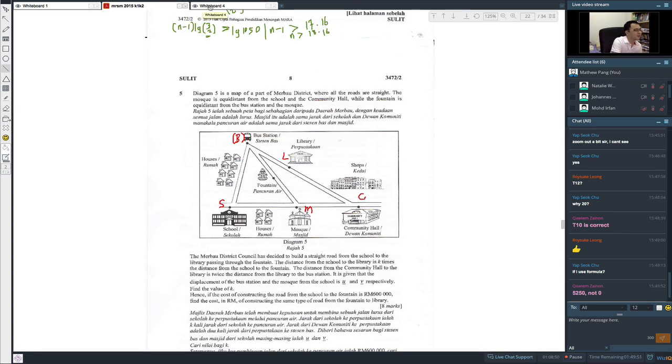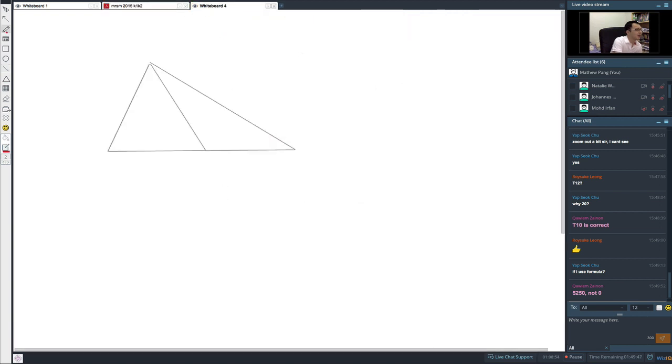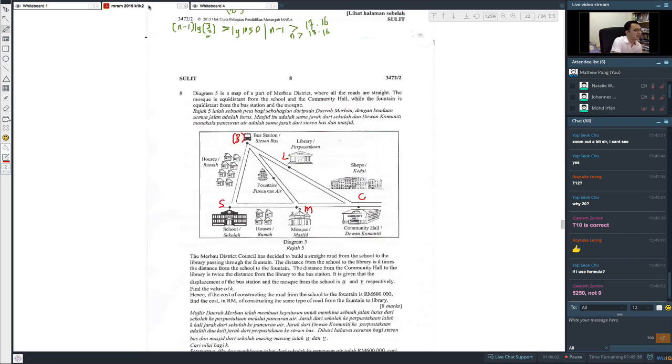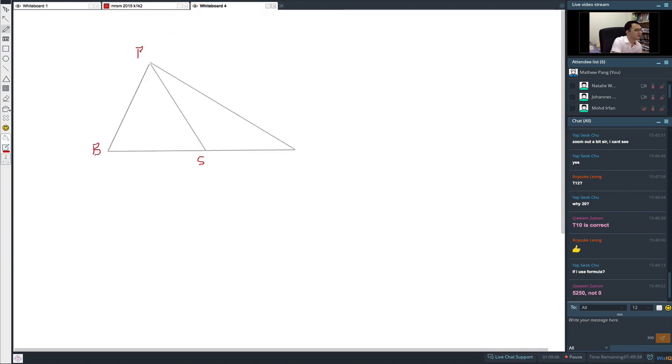Sorry, this is B, start from here. B, and then here is S. This is mosque. This is community hall, and then you still have a library here. This is L. This is bus stop. This is school. This is mosque, and then this is community hall.